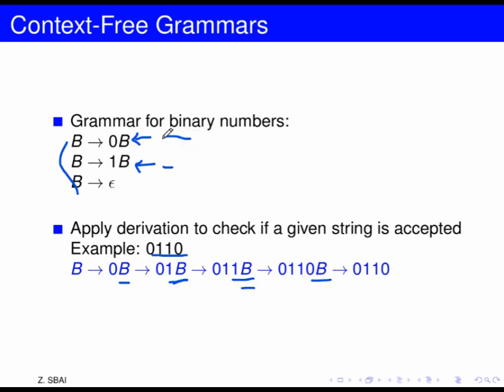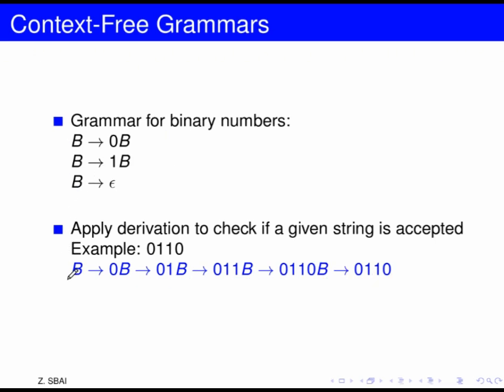We'll apply the first rule here again, and we will see that we have now all the 4 digits, 0, 1, 1, 0, that have appeared here. So the last B here will be changed by epsilon. So we will result in the string 0, 1, 1, 0. So this work here shows a derivation of the string 0, 1, 1, 0. A derivation is a sequence of substitutions to obtain the desired string.